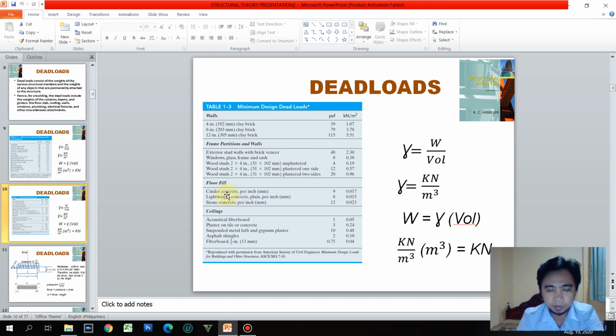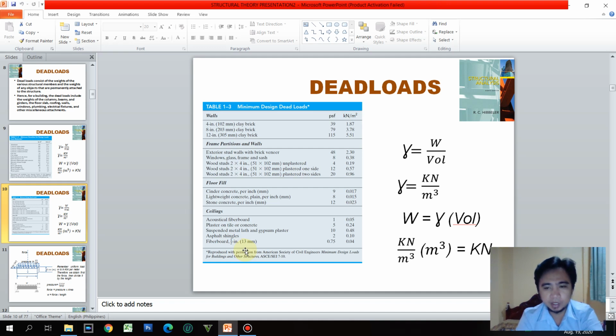However, it is now specified that it is in terms of per inches, or per millimeter in English or SI units. Likewise, we also have derived ceilings for acoustical fiberboard, plaster on tile or concrete, suspended metal, lath and gypsum plaster, asphalt shingles, fiberboard, and among others.